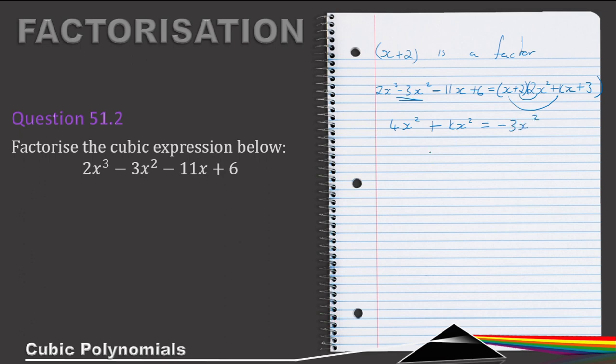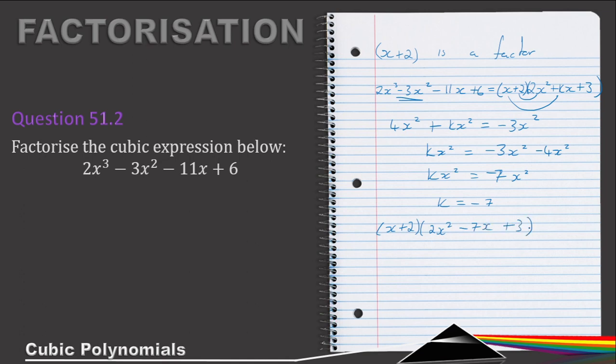Okay, take the 4 over, so kx squared equals minus 3x squared minus 4x squared. So kx squared equals minus 7x squared. So k is equal to minus 7. And we put it back in. We have x plus 2, 2x squared minus 7x plus 3.